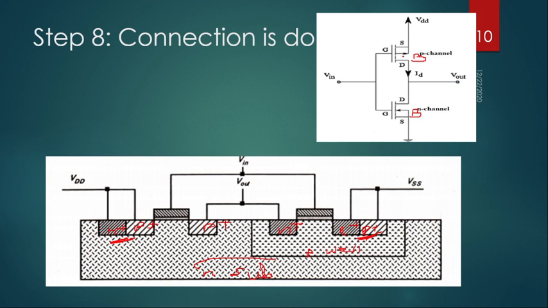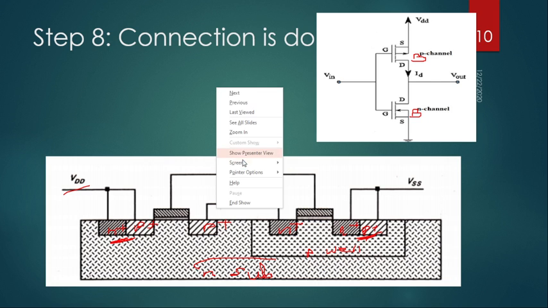Here the body terminal and sources are both shorted to VDD, and this shows the V out, that is both drains, and both the gates are connected to the input. So this is basically the complete fabrication process for CMOS using the P-well process.